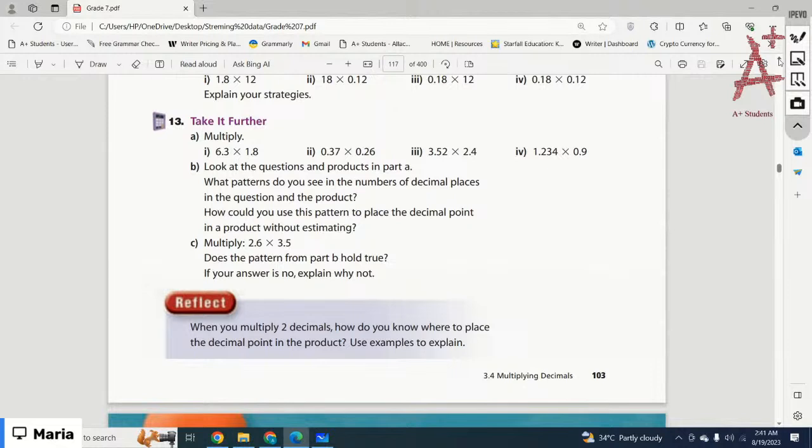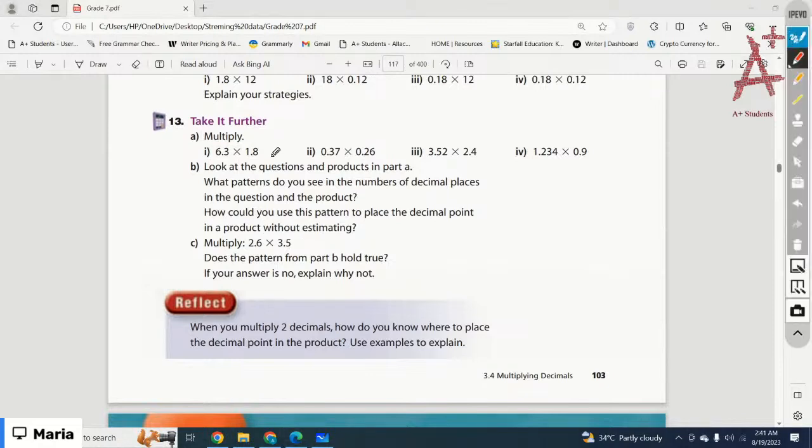Okay, 6.3 times 1.8, that would be 11.34. The next one is 0.37 times 0.26. Then 3.52 times 2.8, that would be 8.448.